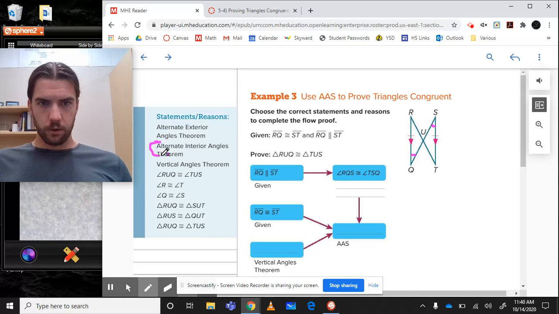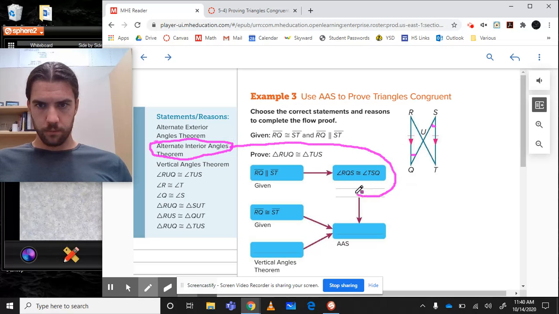Okay, so then looking ahead to the next one, we're given that RQ and ST are congruent. And this is the description of the vertical angles theorem.